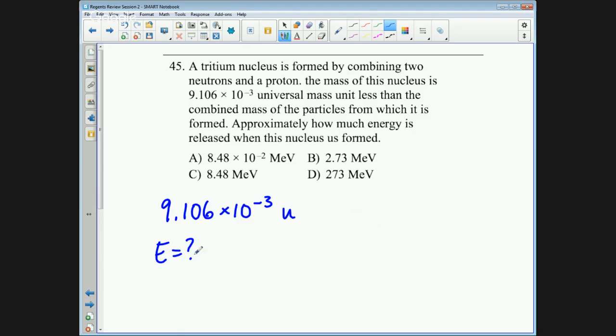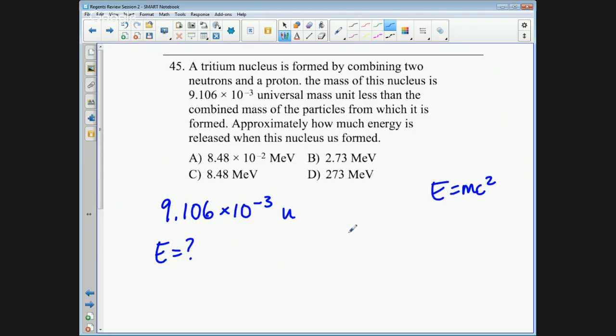Okay. Usually you want to use E equals mc squared to convert mass into energy and vice versa. But this is the trick: if they give you universal mass units, you can directly convert mass into energy using a conversion factor on the reference table.